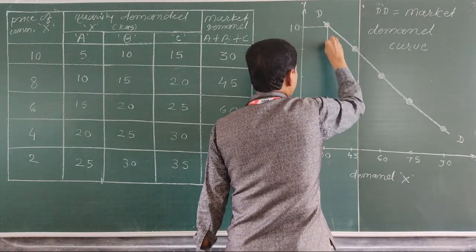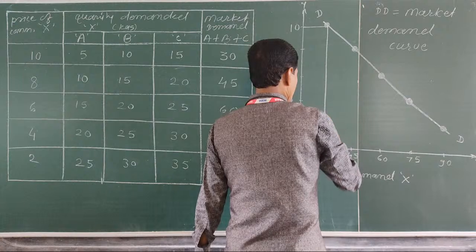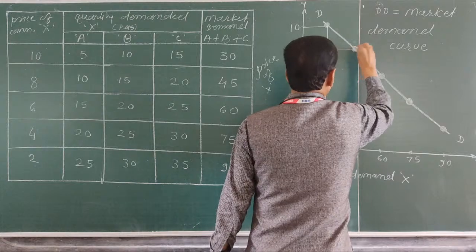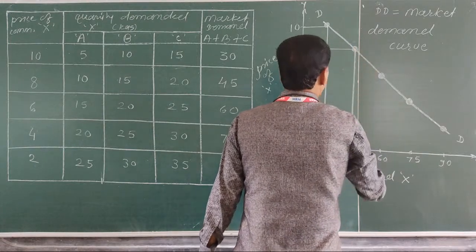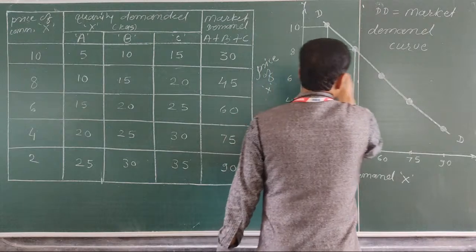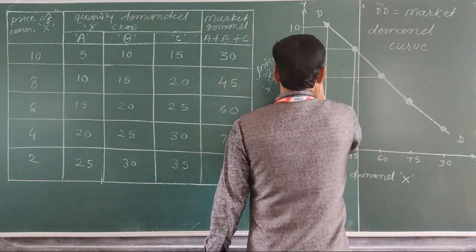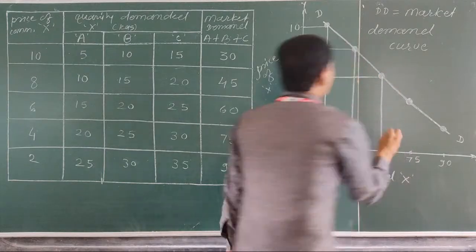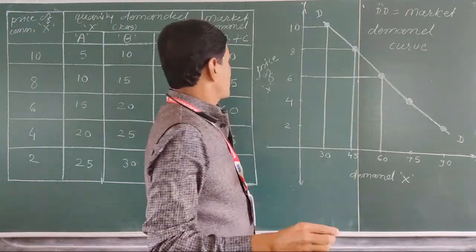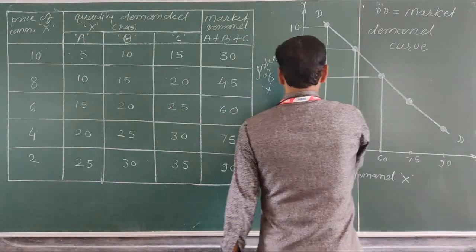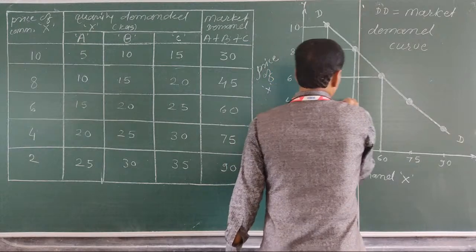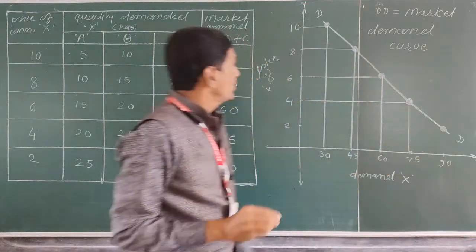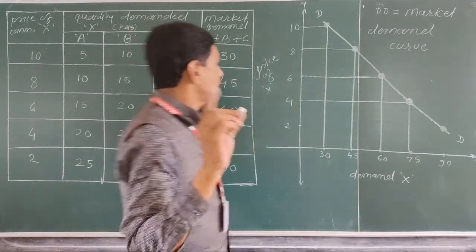10, 30. Okay, 8, 45. Then 6, 60. Then 4, 75. हे सगळं पट्टीच्या साईडने तुम्ही जोडून घ्यायचे.